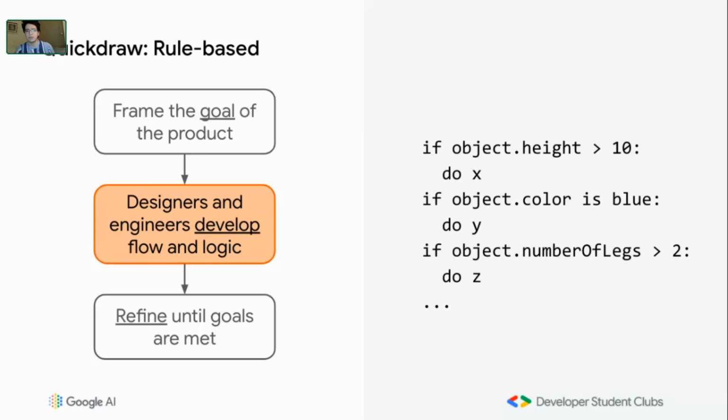And let's say if it's blue, do y, which we could say, okay, take some points off being a carrot, because carrots normally are not blue, right? And number of legs and so on. So we'd have to define so many if statements to, in the end, maybe not even get it correct, right?